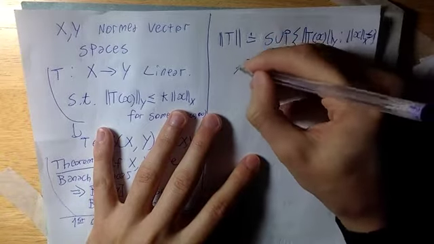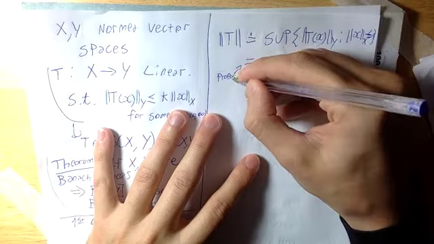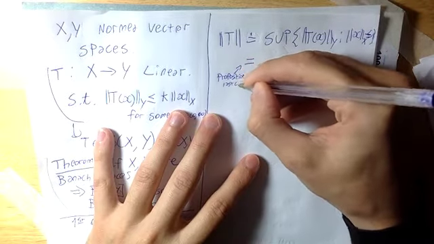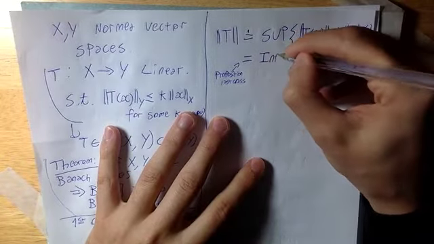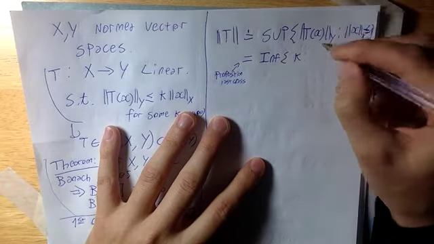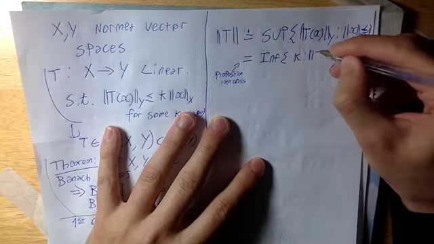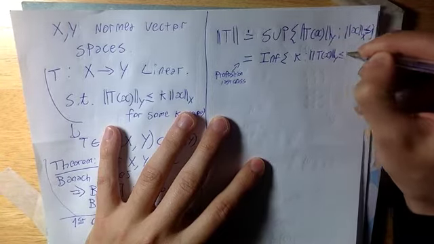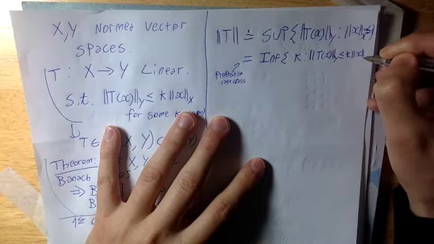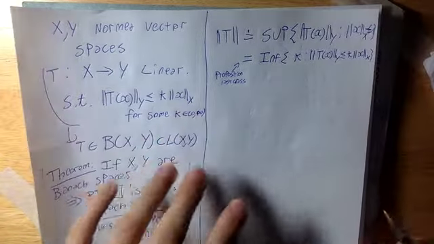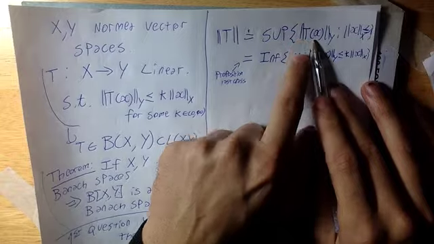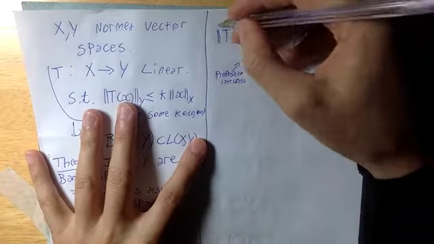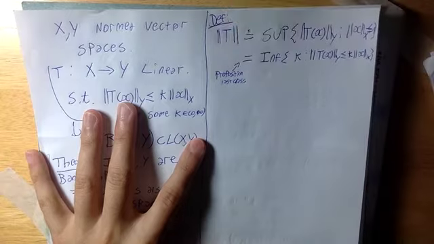What we saw from the proposition last class is that this is equal to the infimum over k such that the norm of T of x in Y is less or equal than k times the norm of x in X. So taking the infimum over the bounds is the same as taking the supremum over the unit ball of T of x in Y. And this is our definition: the norm of T is given by this.